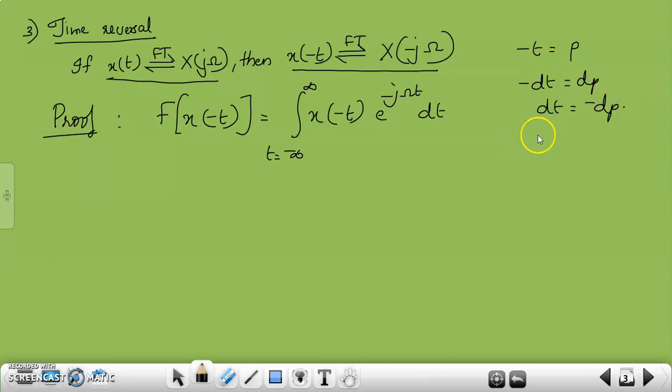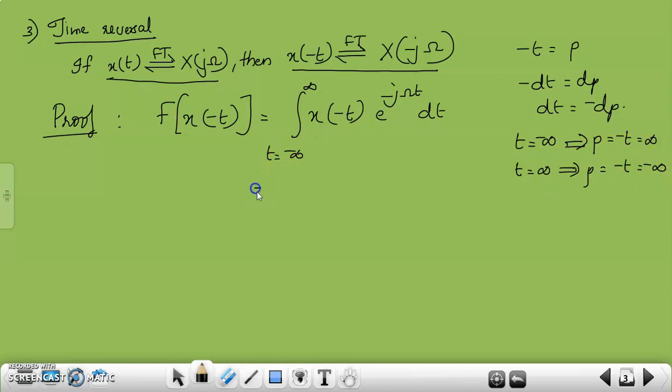Now you have to take the limits. t has the lower limit minus infinity, therefore p, which is equal to minus t, will be infinity. Similarly, when t takes the upper limit infinity, p will be minus infinity. So, as t varies from minus infinity to infinity, p varies from infinity to minus infinity.